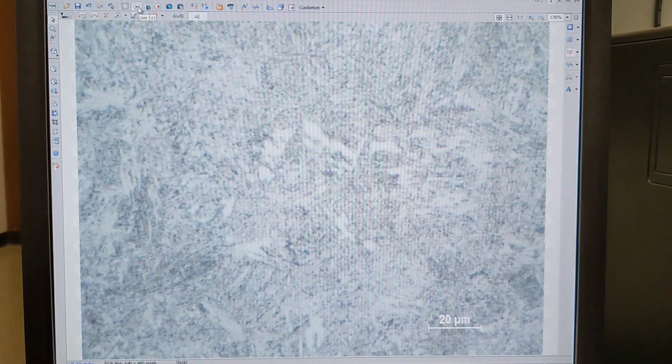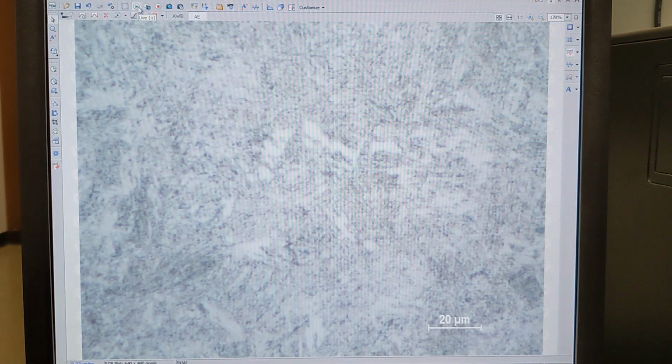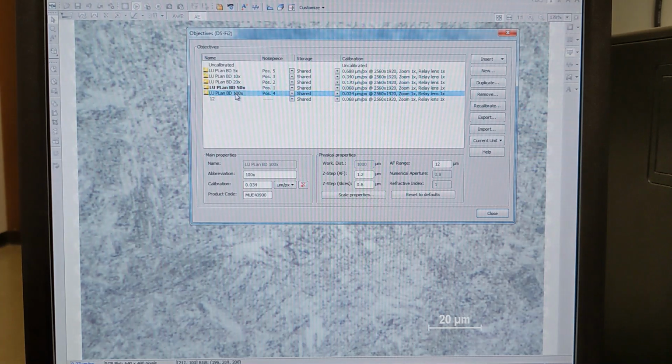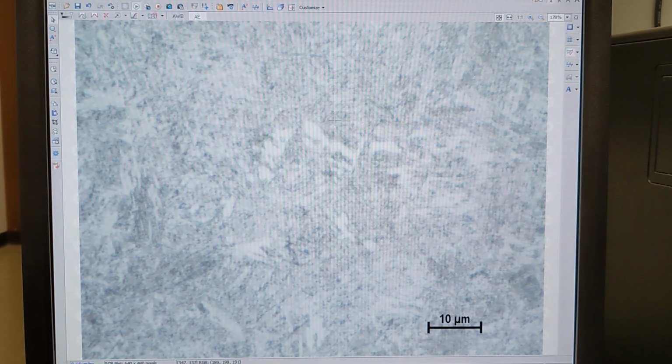And ideally, this does decrease our strength and hardness, but it has a huge increase on the ductility of our sample, which you have seen by looking at our tensile data and our hardness data. And let me fix the scale bar. So, 10 micron scale bar, so you see these features are pretty small, and this tempered martensite's features are pretty tiny, which is why we needed to polish it and etch it to such a high degree.